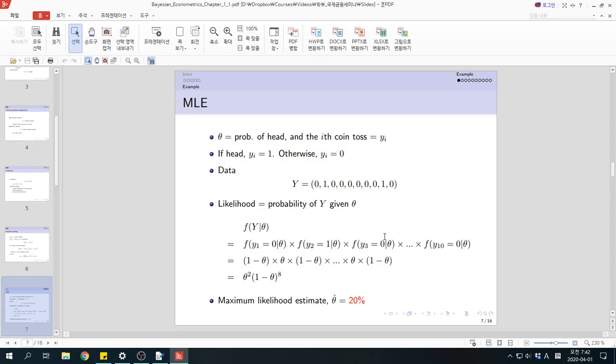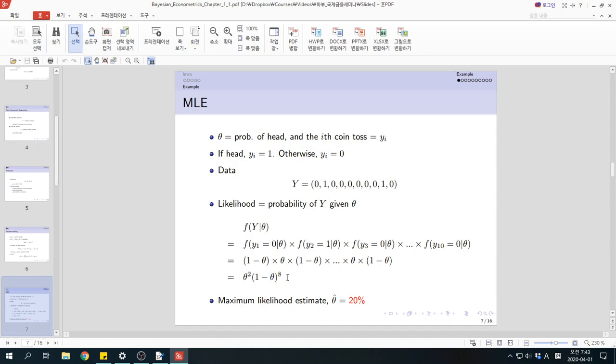Then we have 8 factors of 1 minus theta and 2 factors of theta. So it should be theta squared times 1 minus theta to the 8. This is the likelihood, and by maximizing it with respect to theta, we get the maximum likelihood estimate.